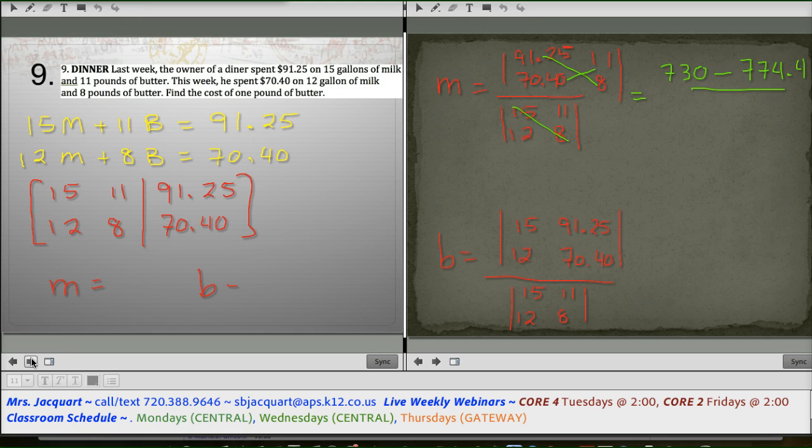And we're going to multiply, so that is 120 minus 132, which equals negative 12. Then 44.4 divided by negative 12 equals 3.70, because we're dealing with money. It's a divide line, by the way. So let's write our information over here. Milk is 3.70.